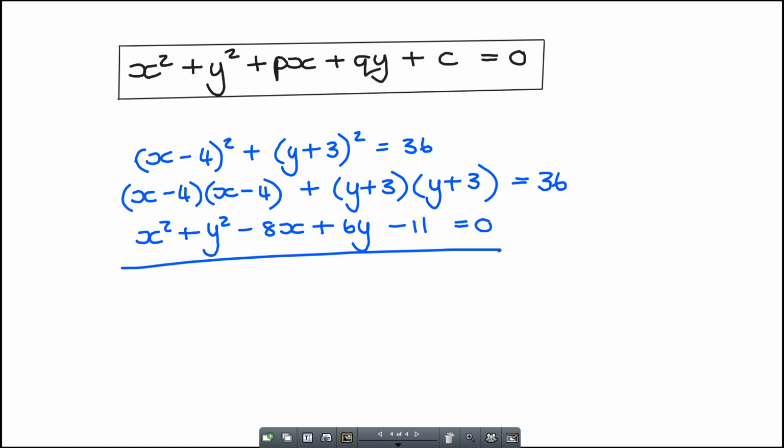If you see an x squared and a y squared, a normal x, normal y, and then a constant. Okay, good. So therefore the p would be the minus 8, that q value would be the plus 6, and the c value would be the 11 in this case, nee?